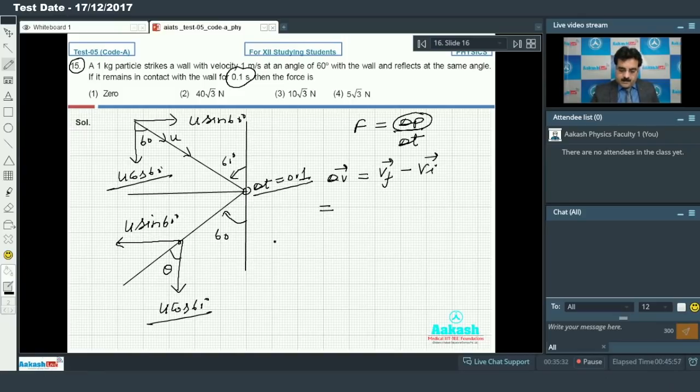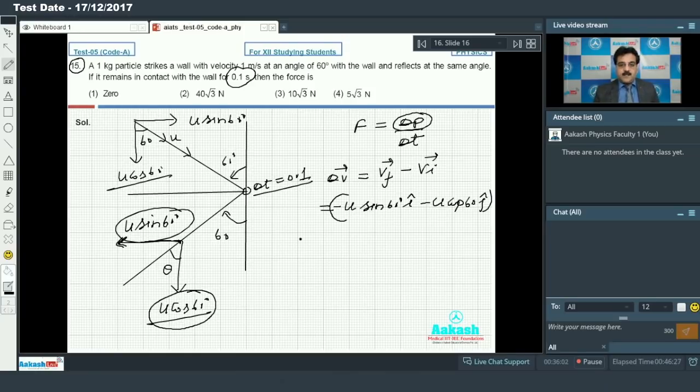Final velocity vector: this is along x-axis, so we'll write u sin 60 i cap, but the direction is along negative x-axis, so we'll write minus u sin 60 i cap, and that will act along negative y-axis, so this is minus u cos 60 j cap. This is the final velocity vector.